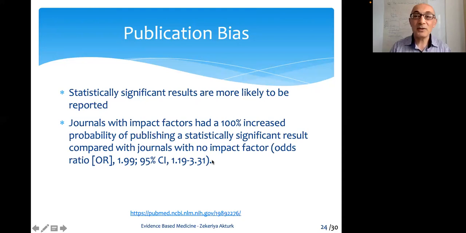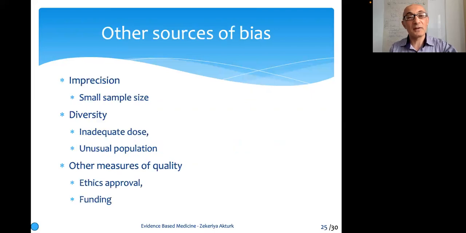So if you submit to a high-ranking journal, they want to see significant p-values, significant effects. If it is not significant, they are prone to reject it. From the other perspective, a low-ranking journal is more prone to publish a scientific work which has found no significant effect.